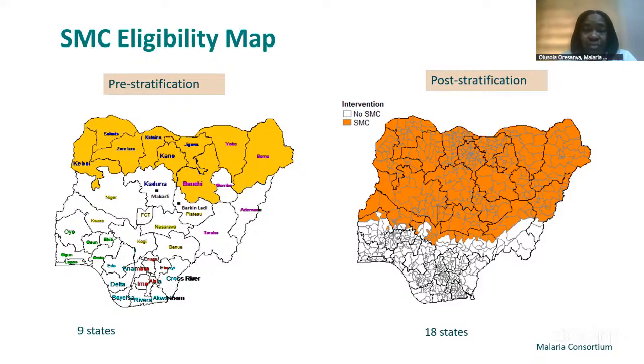So before the stratification, only 9 states were deemed eligible for seasonal malaria chemoprevention because they were situated in the Sahelian part of the country. But once all these data were pulled into the process and the mapping was done again, the second map you see here is what resulted. And so as we speak, more than 21 states in the country are eligible for seasonal malaria chemoprevention and are implementing it.